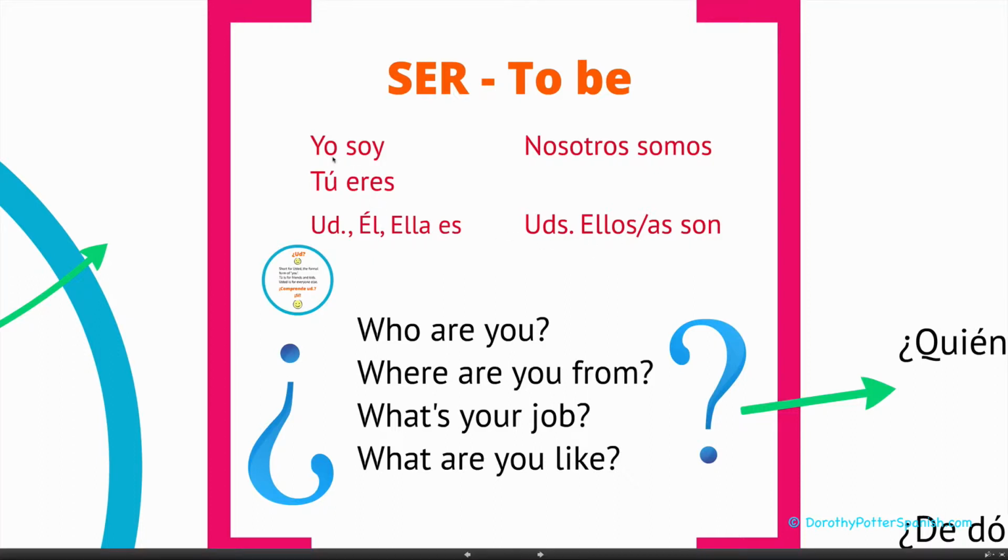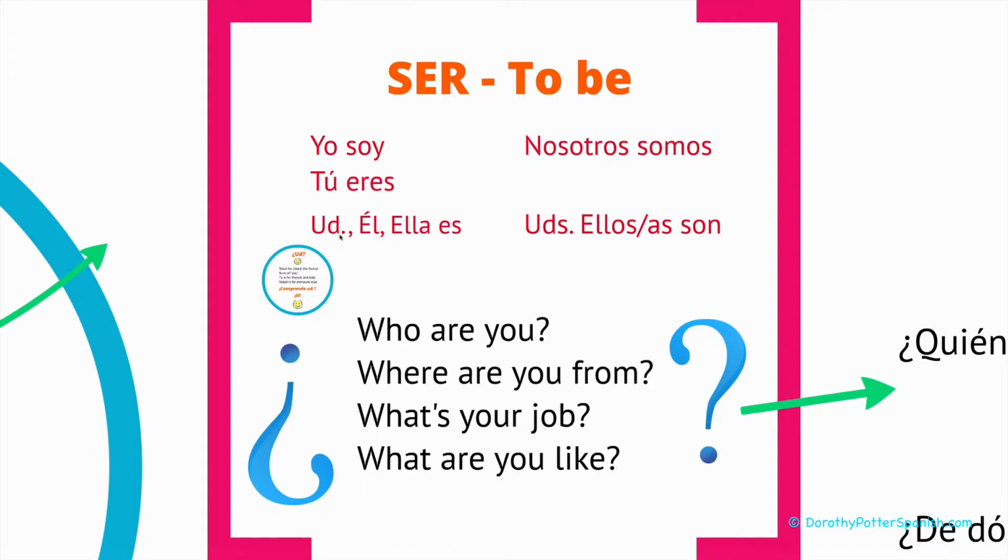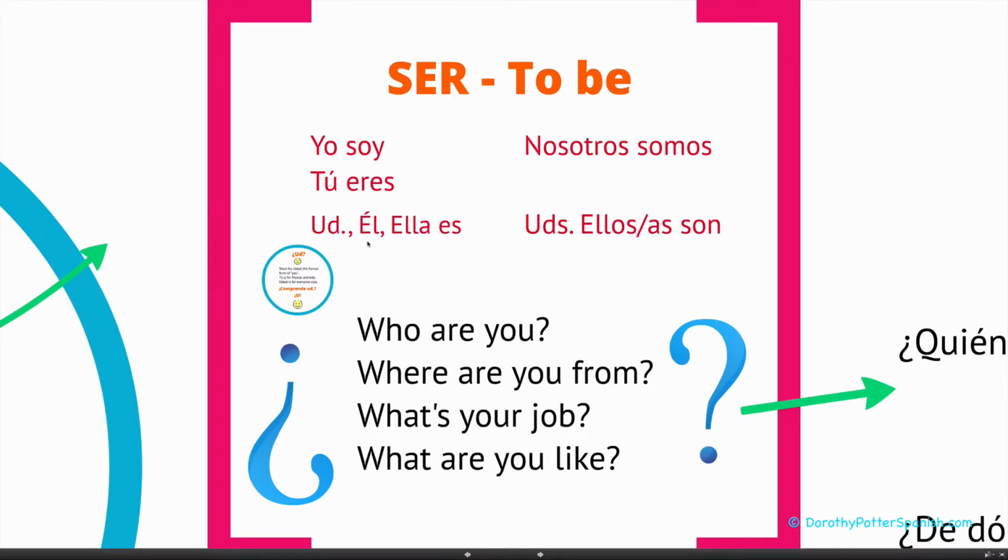You're also getting used to subject pronouns. Yo, I, tú, you. The you would use with a child. Usted, you, formal. The you would use with a parent. Él, he, and ella, she. Nosotros, we.